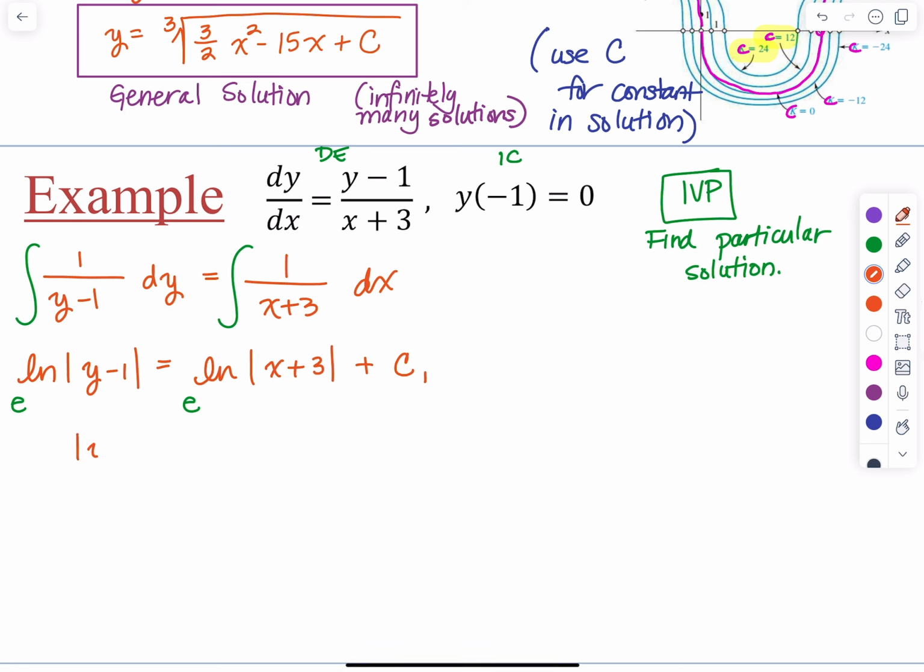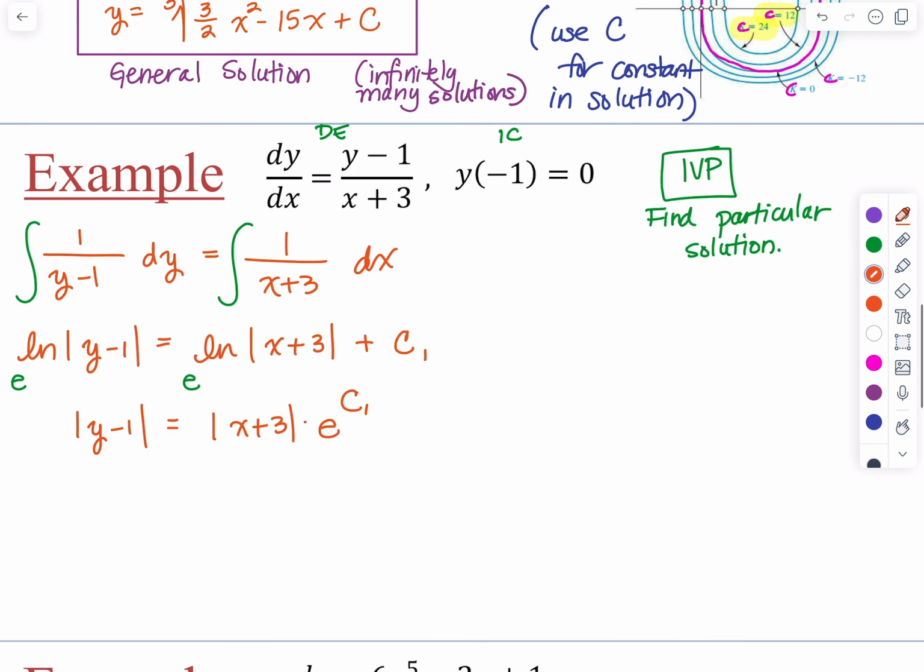So we have the absolute value of y minus 1 is equal to the absolute value of x plus 3 times e to the c1. However, since e to the c1 is a constant, we can write this as the absolute value of y minus 1 is equal to c2 multiplied by the absolute value of x plus 3. And of course, c2 is equal to e to the c1.